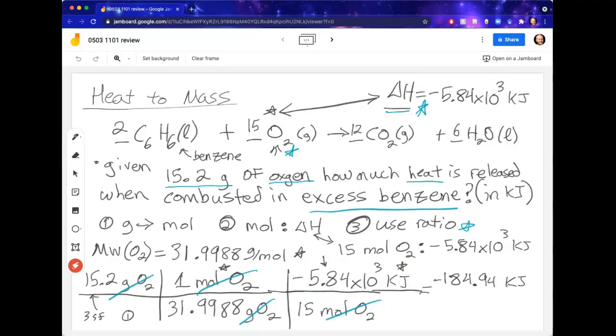Since they were both 3 and we're doing multiplication, I'm going to be keeping 3 significant digits. In this case, the final answer then, minus 185 kilojoules, round up, no exception. And that's the final value in this case.